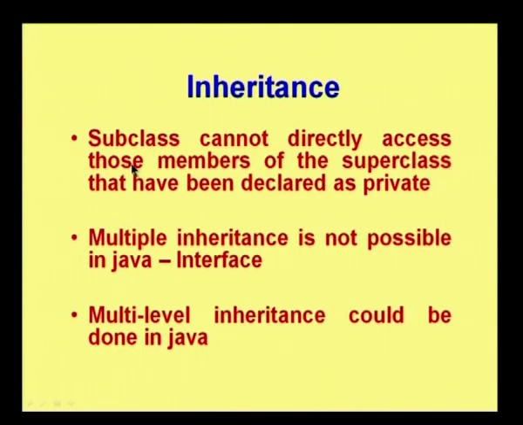You can see that subclass cannot directly access those members of the superclass that have been declared as private. If you have a base class and if you have a variable that is declared as private, then that becomes only accessible to the instance of that particular base class or the superclass.